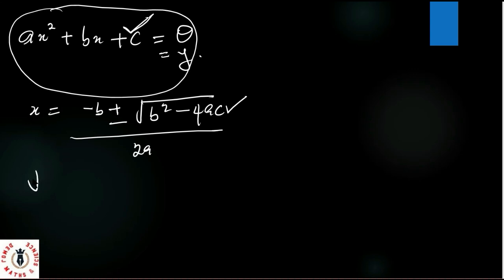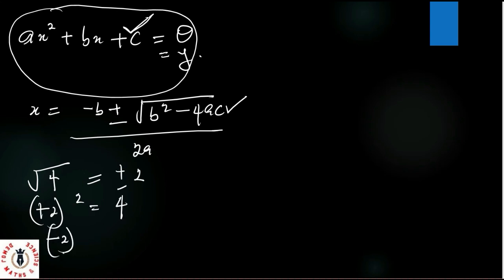Remember that the square root of 4 is the same thing as plus or minus 2. That is, if I have plus 2 raised to power 2, it will be the same thing as 4. If I have minus 2 raised to power 2, it will also be 4. The same thing happens here.